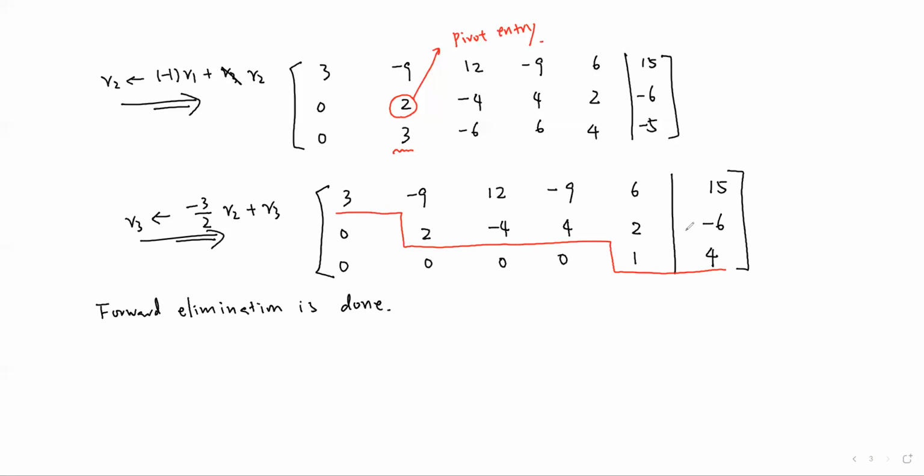But this linear system is still not simple enough, because I still can introduce zeros to the matrix. Next, I perform backward elimination to get reduced epsilon form.